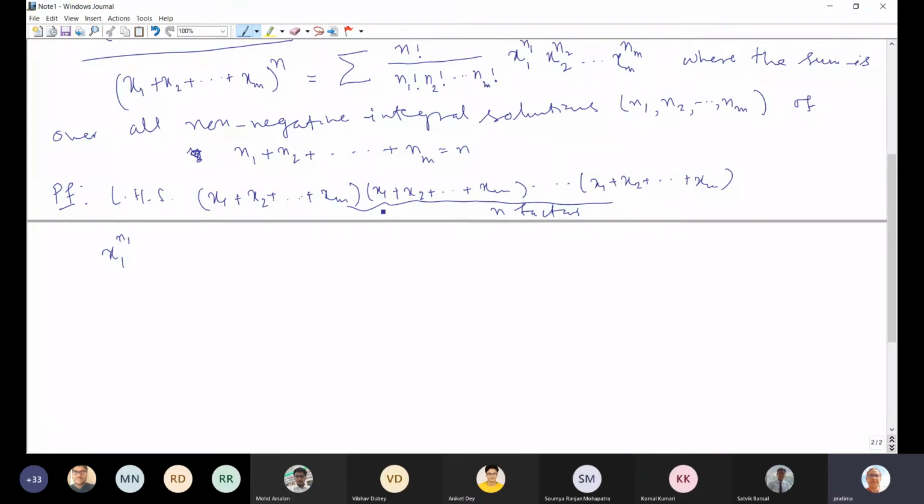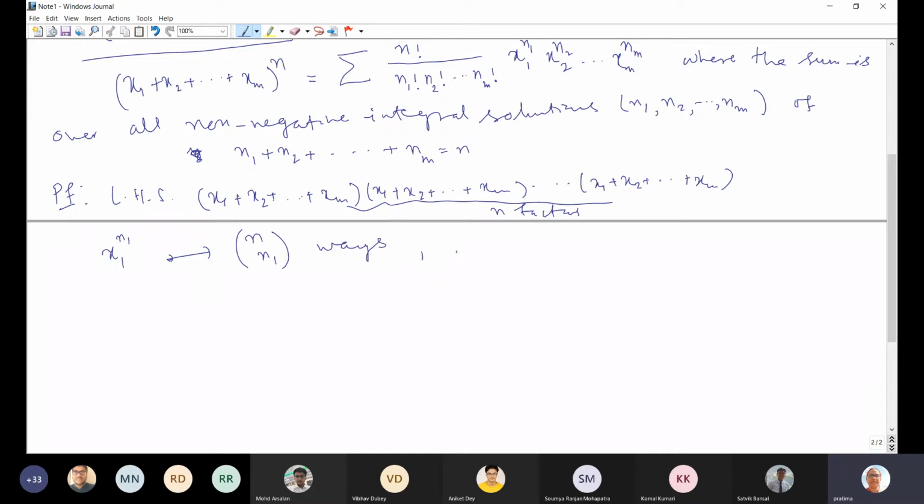In other words, we are selecting x1 in n choose n1 ways. Out of n factors, we are selecting n1.